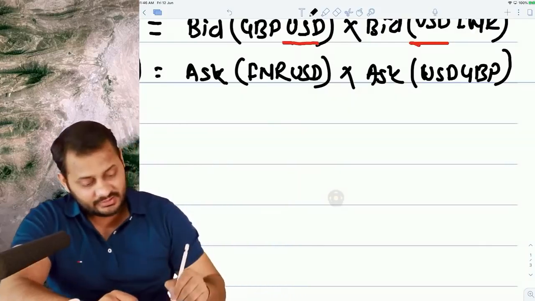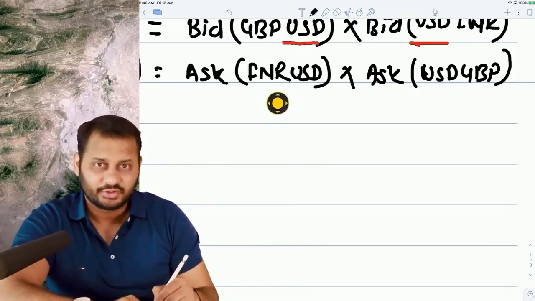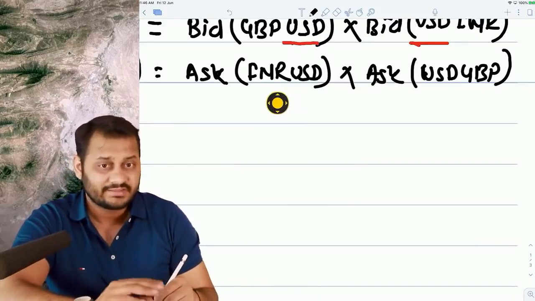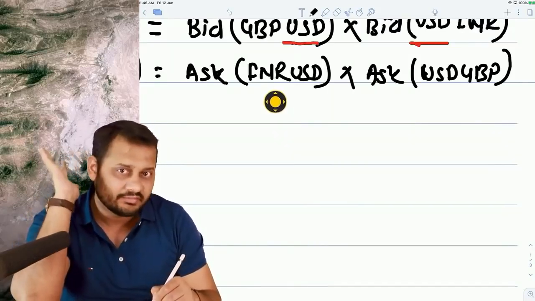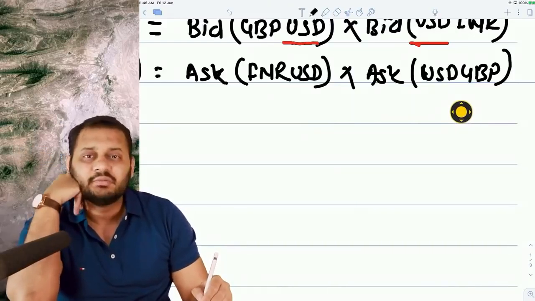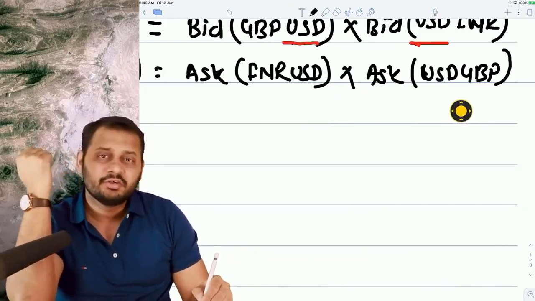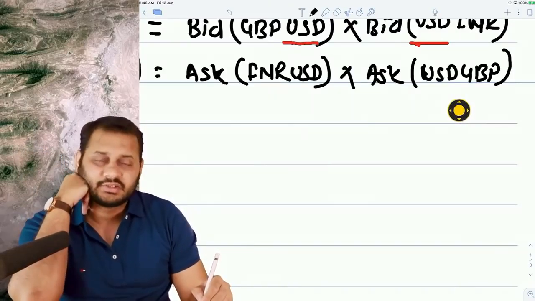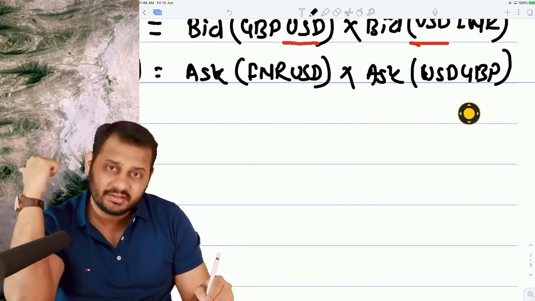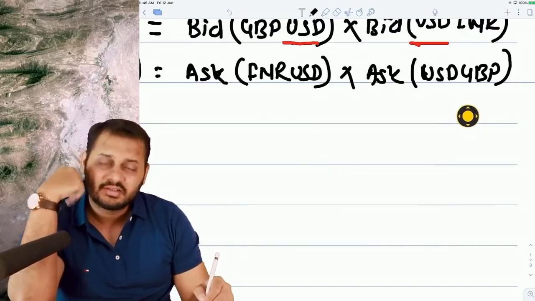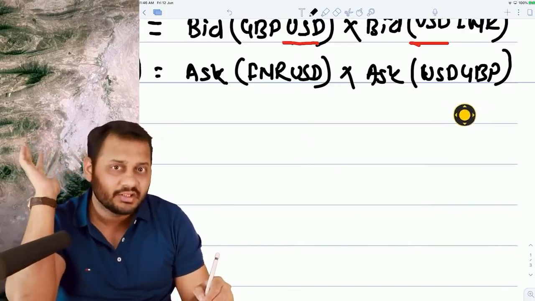Let's assume that INR USD is given in the question as we need it. So the requirement is equal to what is given in the question, but USD GBP is not given. In the question it is GBP USD. So if this is the direct quote, indirect is given. If this is indirect, direct is given. That is what I will conclude.